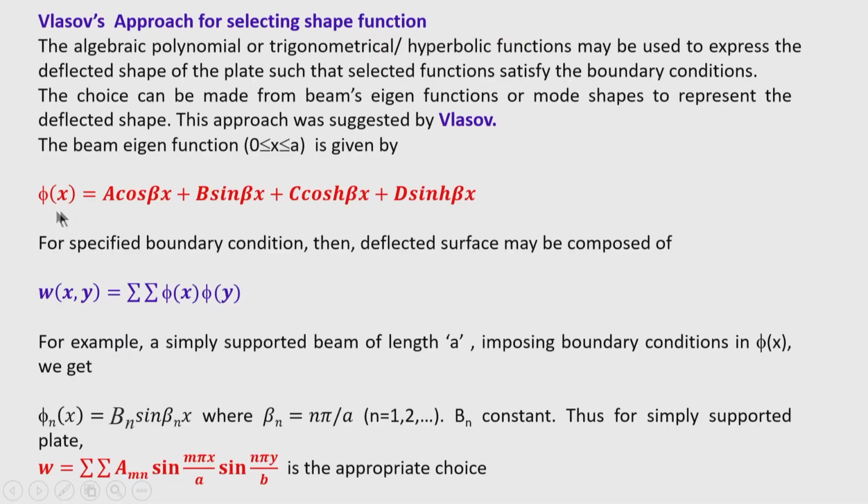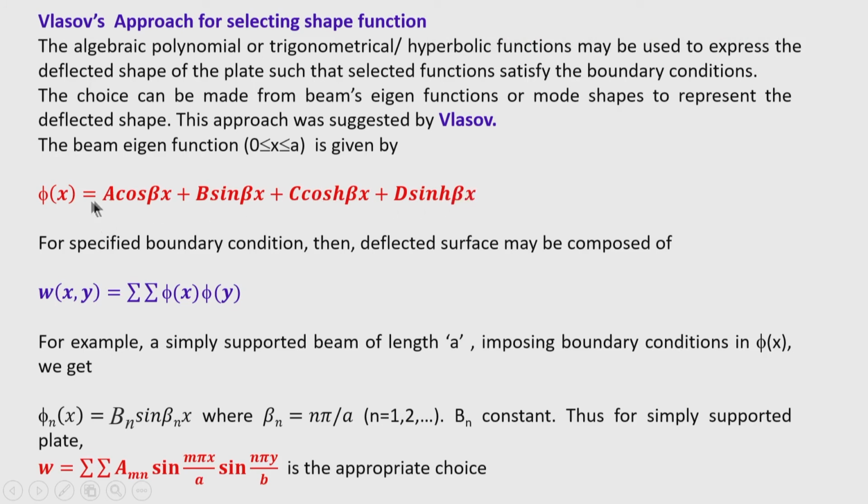In that case the integration becomes difficult. However, this approach can be adopted using the integration of the strain energy expression, so that the accuracy of the results can be increased. Generally, the eigenfunction of the beam is expressed as a combination of trigonometrical cos and sin functions as well as cos hyperbolic and sin hyperbolic functions.